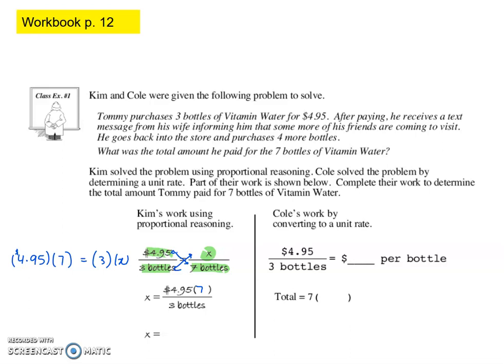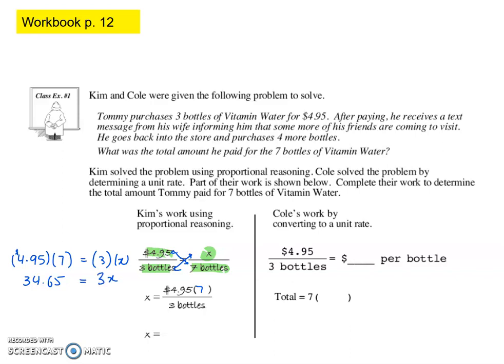Now, if you like, you could actually just find out what 4.95 times 7 is first. So that will come out to be 34.65. So the total of this multiplication is 34.65 equals 3x.